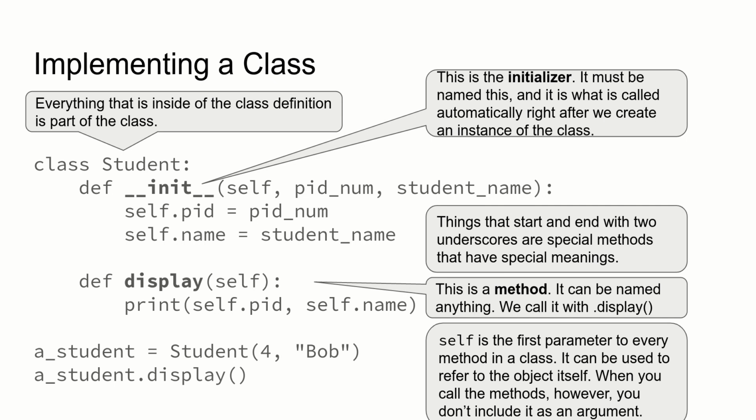And so here we've defined that constructor, or initializer is another name. In Python it's called init, and it initializes. It creates that object with the specific details that we need for that type of object. So here this student has an ID number and a name.